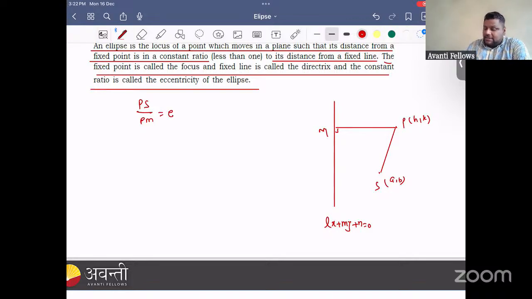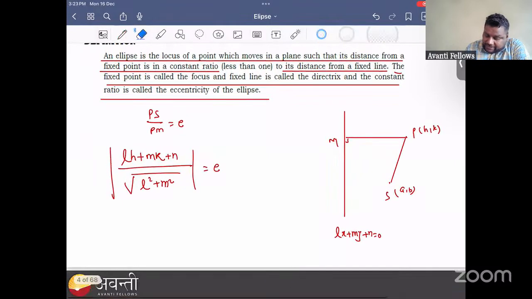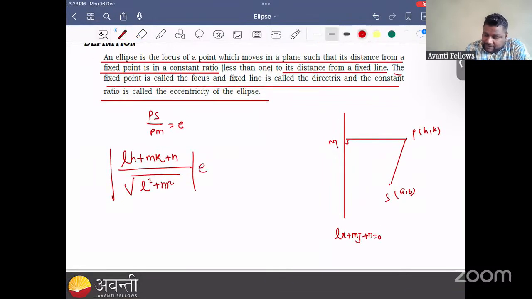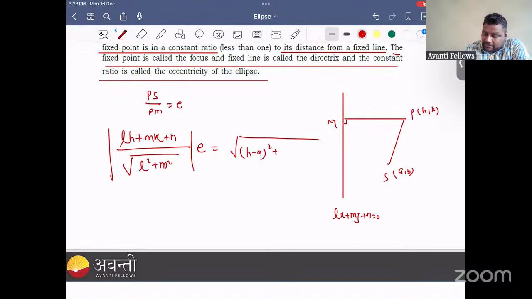Now what is PM? PM is the distance of point P(h, k) from this line. So that is (Lh plus Mk plus N) upon under root of L squared plus M squared, which is E times the distance of this point P from the focus, that is under root of (h minus a) squared plus (k minus b) squared.